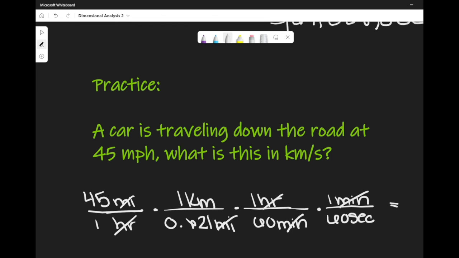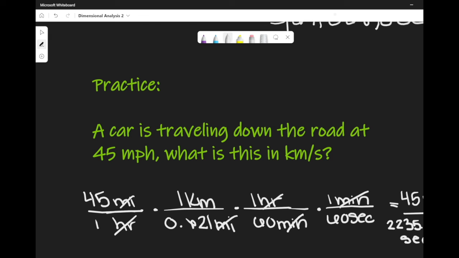Let's multiply everything at the top and then divide it by everything at the bottom. The top only has 45, and when we think about our units, kilometers. Let's multiply the bottom. We have 0.621 times 60 times 60, and we get 2,235.6, and my unit is seconds.